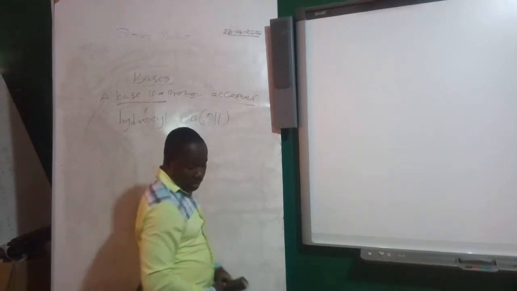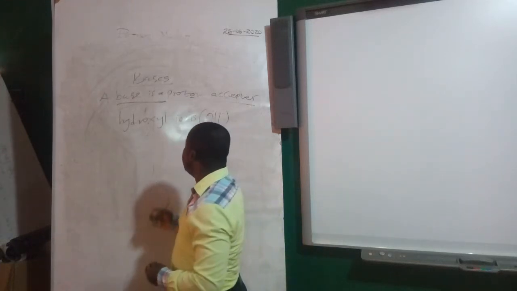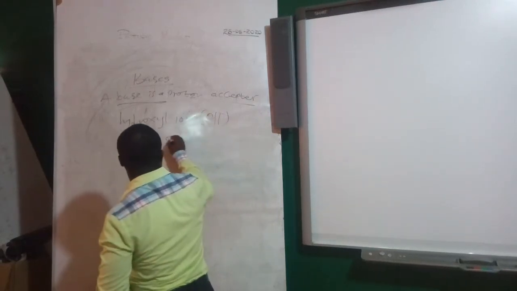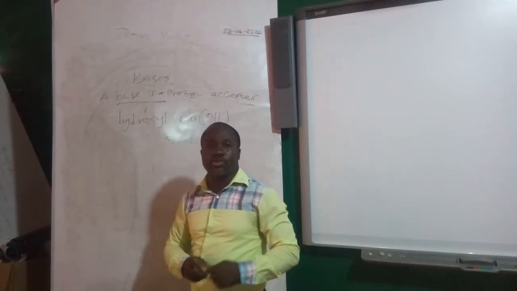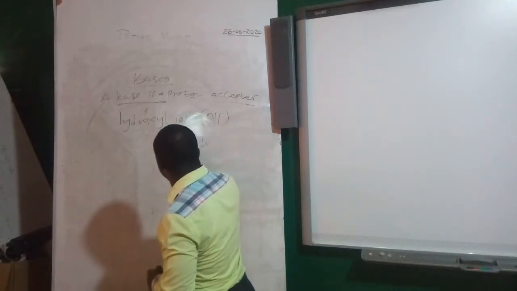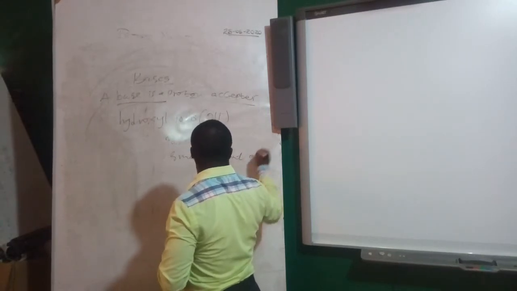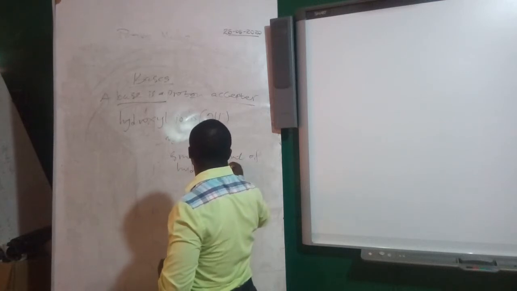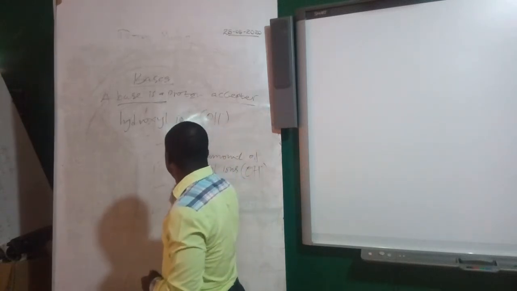Now, a weak base is a base that dissociates partially. So take note. It dissociates partially in aqueous solution to release small amounts of hydroxyl ions, OH minus, with difficulty.